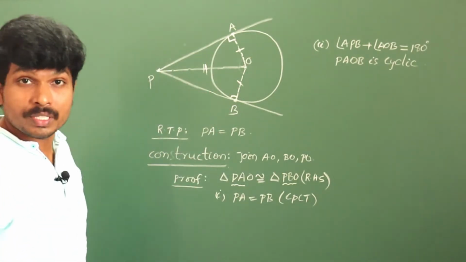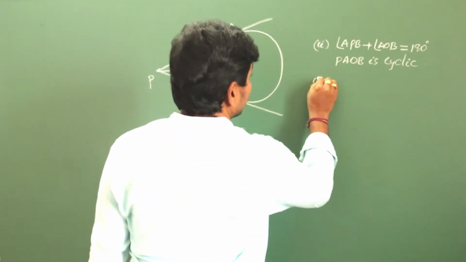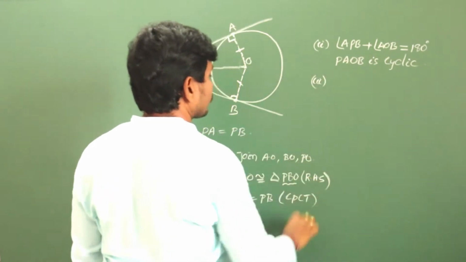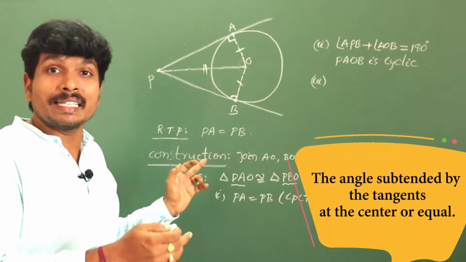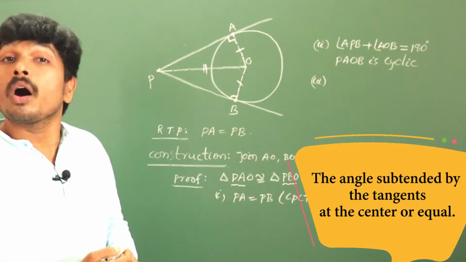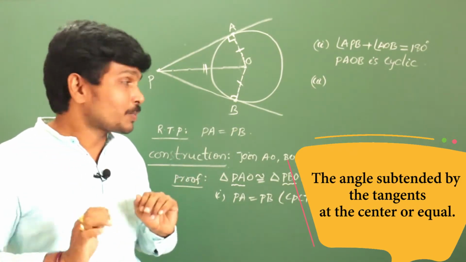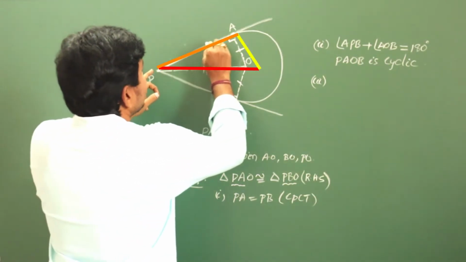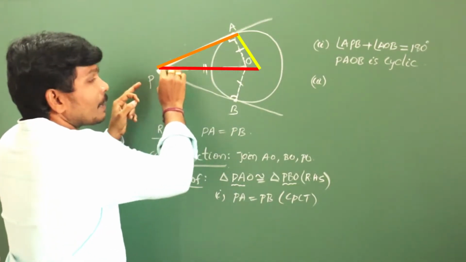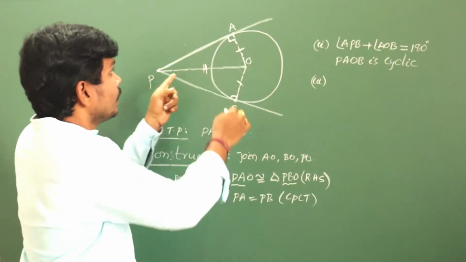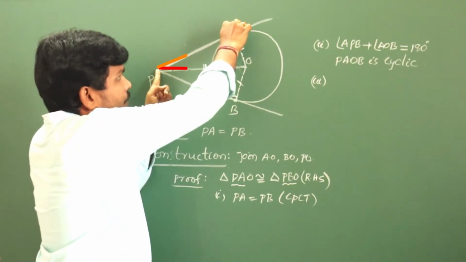That is one more observation. And again, the third observation: angles subtended by the tangents at the center are equal. Observe here. PA is the tangent only, no? It is the length of the tangent. Subtended at the center means from these two end points you join.